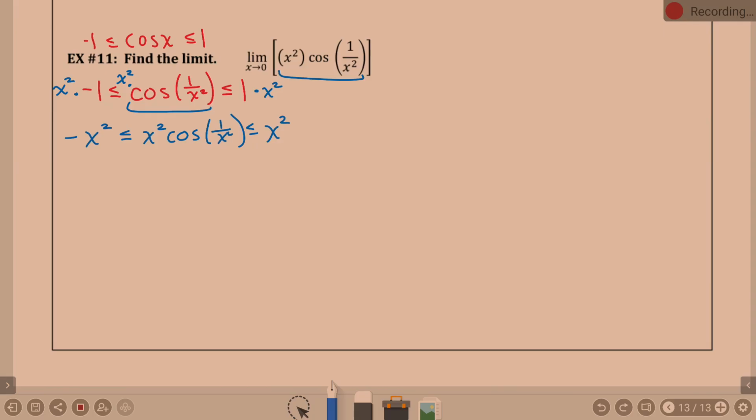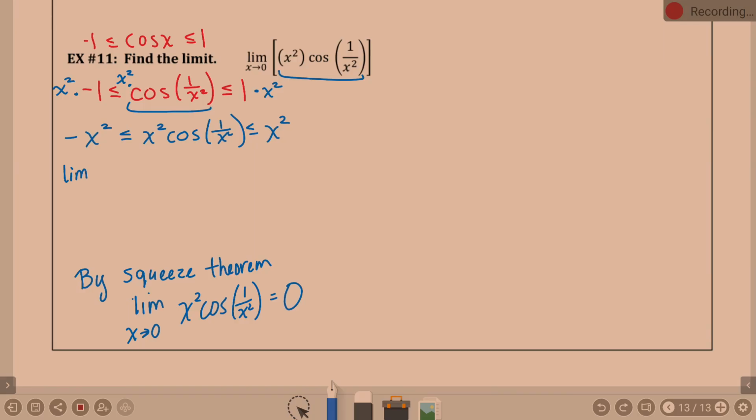I'm skipping work because I know the bell's going to ring. By squeeze theorem again, this limit is 0 as well, since the limit of x squared is 0 and the limit of negative x squared is 0.